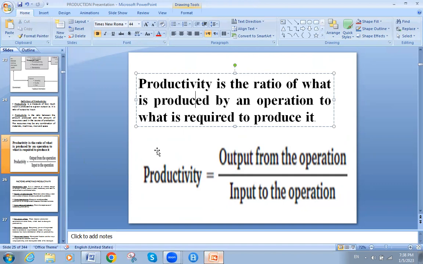I will present the mathematical part in a separate video, but I want you to know that productivity equals the total outputs in dollars divided by the total inputs in dollars.